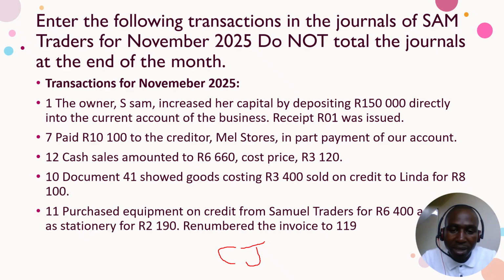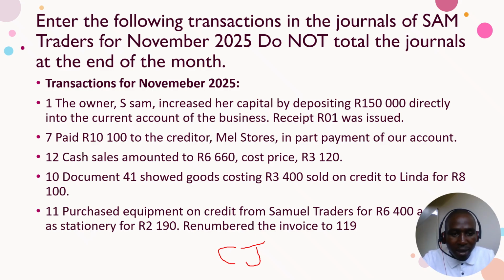Since we purchased two things on the same day, the total that we owe to Samuel Traders is 6,400 plus 2,190, that will be 8,590. Now, three accounts are affected when we are purchasing on credit.